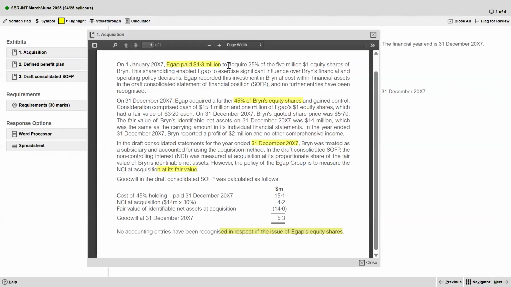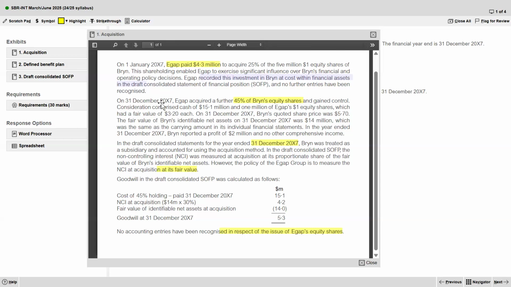Now see, on 1st January, ICAP paid $4.3 million to acquire 25% of the 5 million shares of Brine. This holding enabled ICAP to exercise significant influence over Brine's financial and operating policy. ICAP recorded this investment in Brine at cost within the financial assets in the draft consolidated SOFP, and no further entries have been recognized.